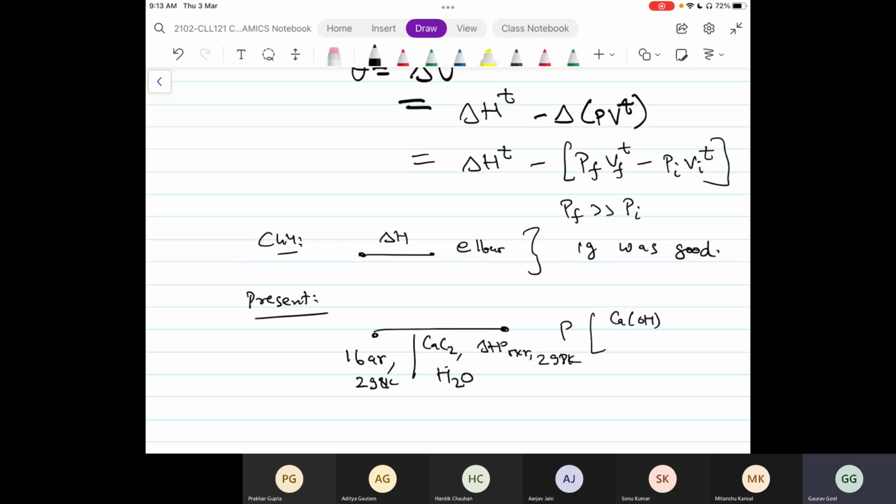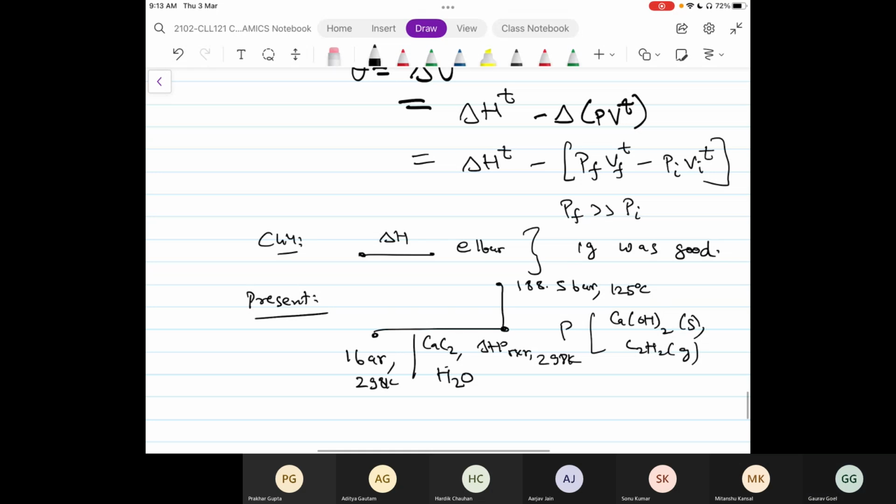One of them is a solid. Acetylene is a gas. And then you take everything to the final conditions. And you can see the pressure, 188 bar.